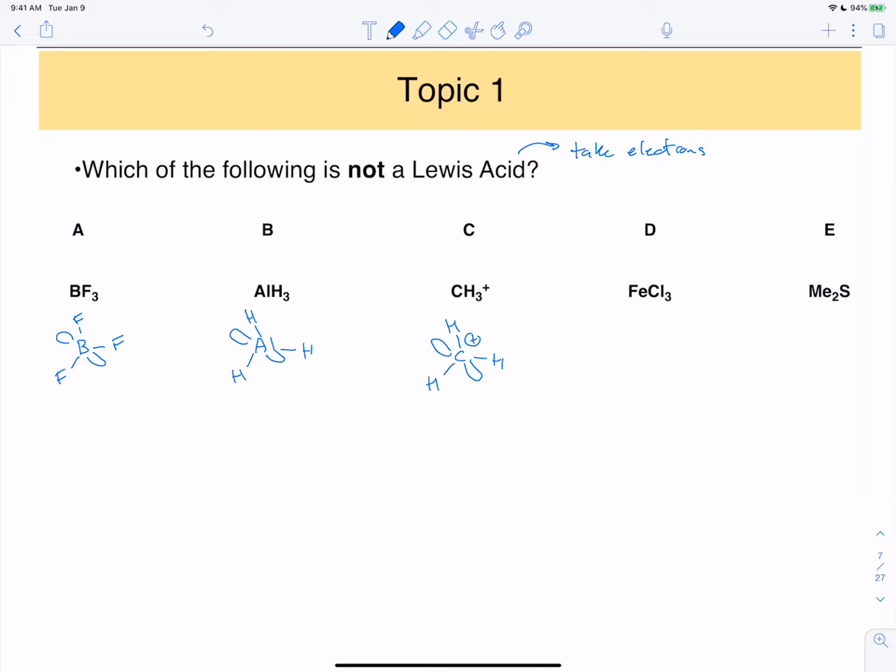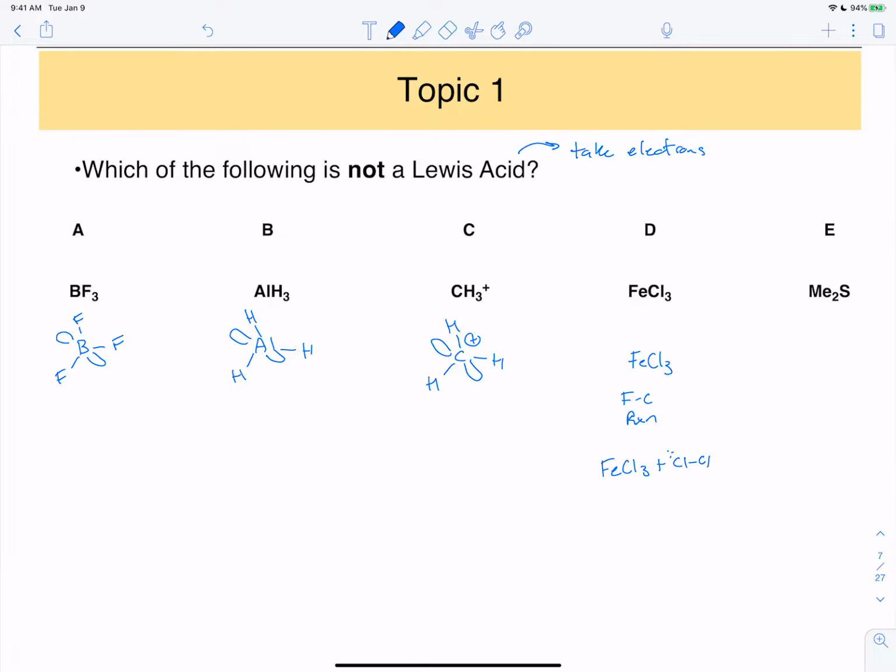If you go to iron trichloride, it's a little harder to consider its structure to start predicting the reactivity implicitly, but we do have a transition metal with 3 chlorides. The chlorides are fairly electronegative. We've also seen this in the context of the Friedel-Crafts reaction. And its role in the Friedel-Crafts reaction is actually to react with chlorine to further activate it.